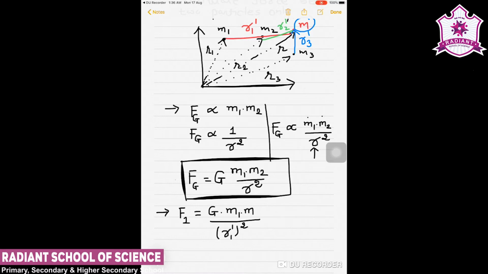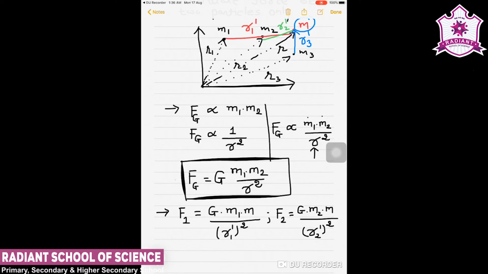Now similarly for particle 2, suppose m2 is acting on it, we can say that F2 is equal to G m2 into m over r2 dash square. And so on.